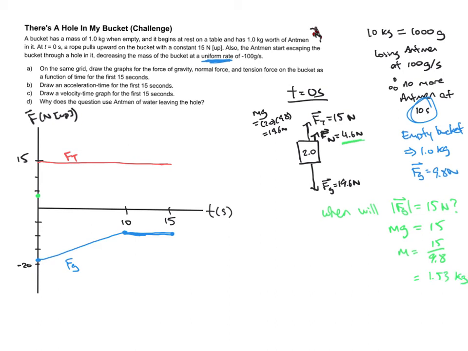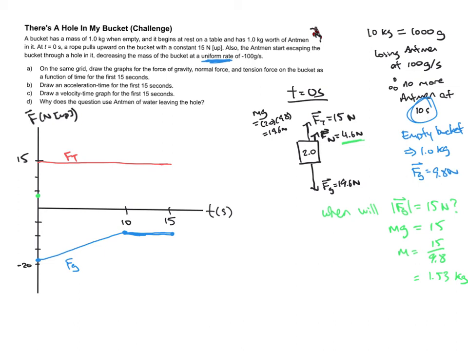When does this happen? When is the mass? So the mass started at 2 kilograms. At what time has it reduced to 1.53 kilograms? Well, remember the Ant-Men are leaving at 100 grams a second. So what's the difference between 2 kilograms and 1.53 kilograms?